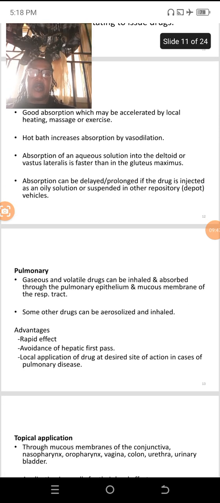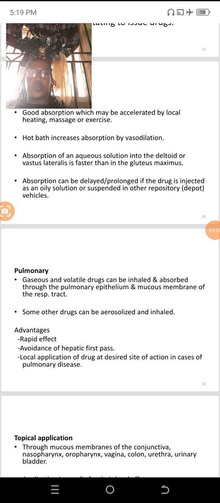Then the pulmonary route. Pulmonary route is suitable for gaseous and volatile drugs. And these drugs that are administered through this route are absorbed through the pulmonary epithelium and also the mucous membrane of the respiratory tract.